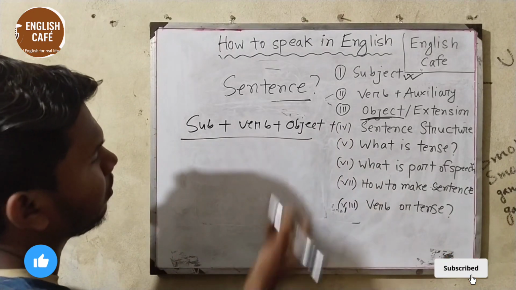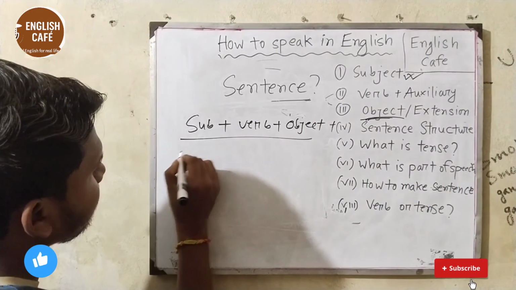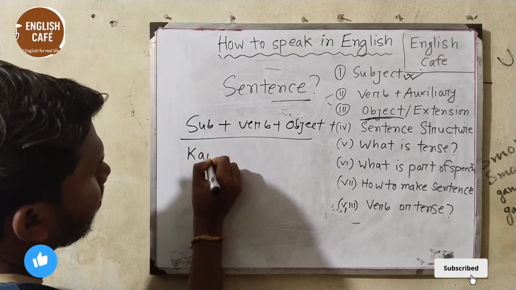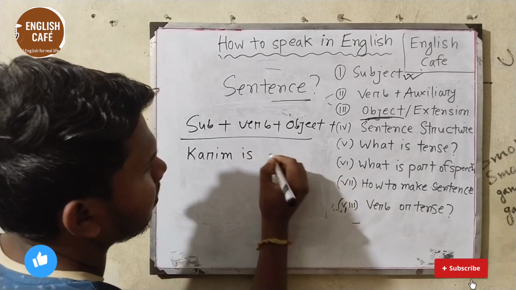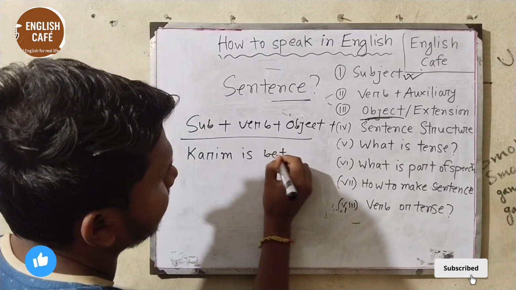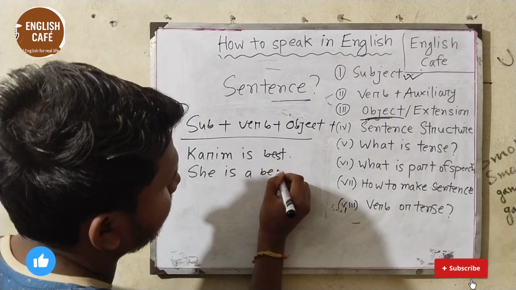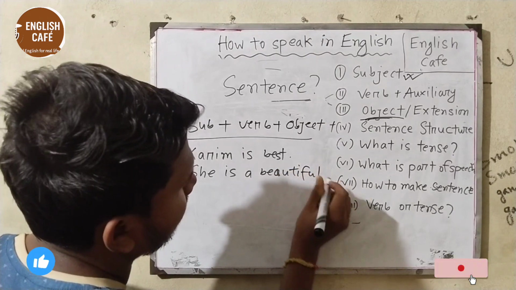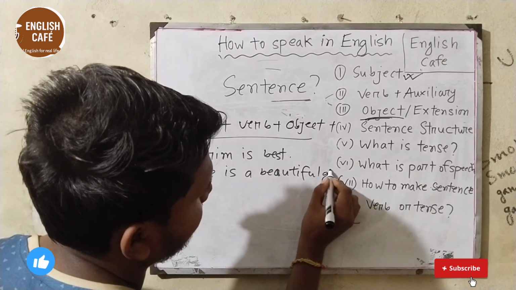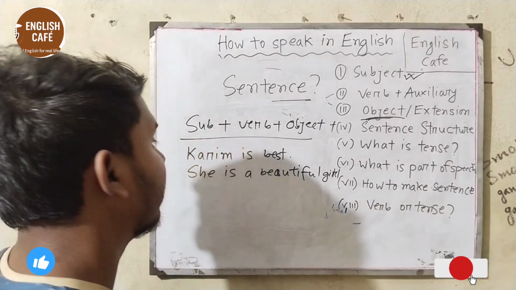So, for example, we can write several sentences like: Karim is best. She is a beautiful girl. She is a beautiful girl.